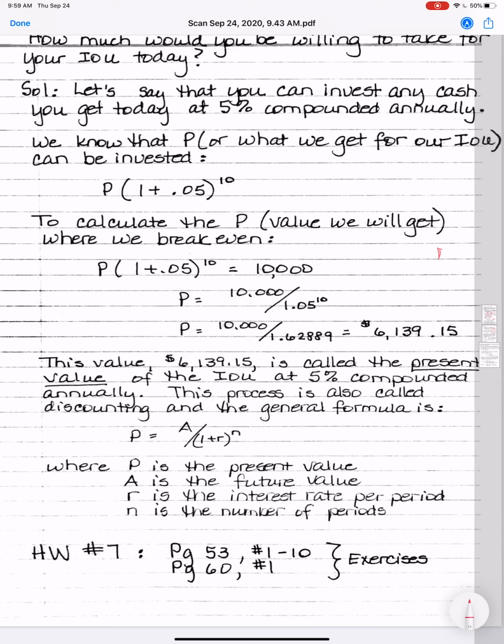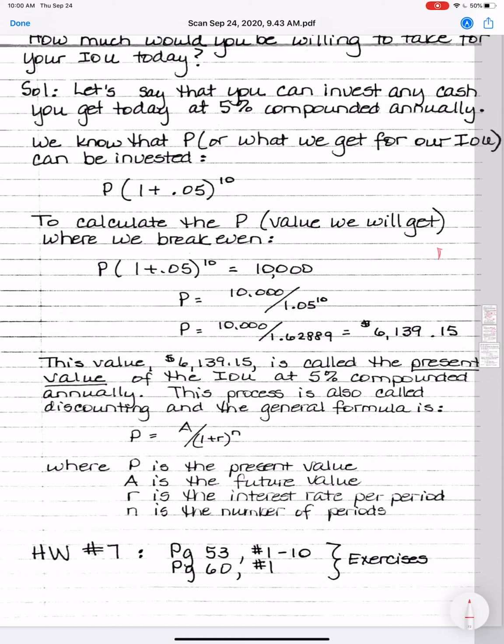So in my example, I just say, if you know you can invest any cash you get today at 5%, compounded annually, we know that P, or what we can get in the future, can also be invested. So if you wanted to take a future investment and cash it out, then how would you compare that cash you got today to what it could grow to if you invested it?